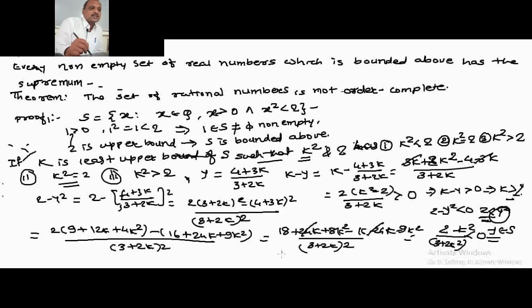That is, k square cannot be greater than 2. So all three possibilities are false. There is no relation between 2 and k square. That means this set does not have any supremum, or least upper bound, and hence we can say that the order completeness property does not hold for the set of rational numbers.